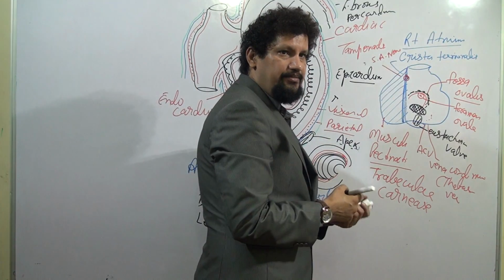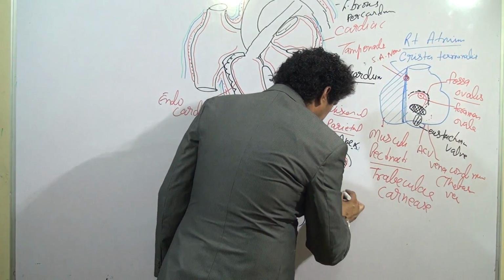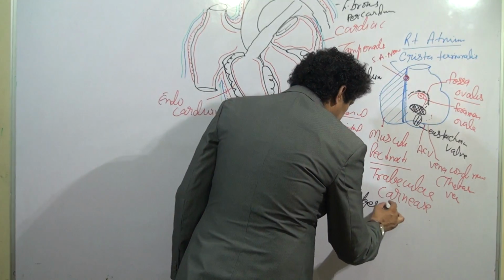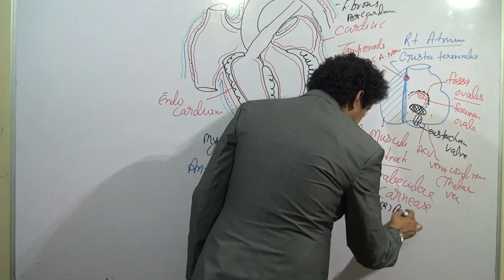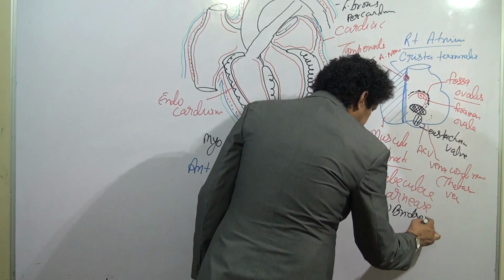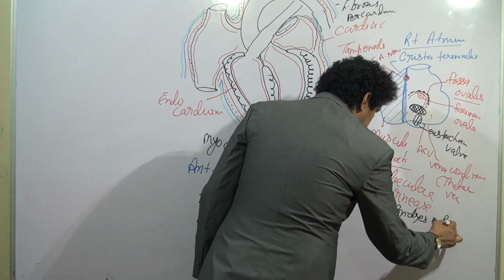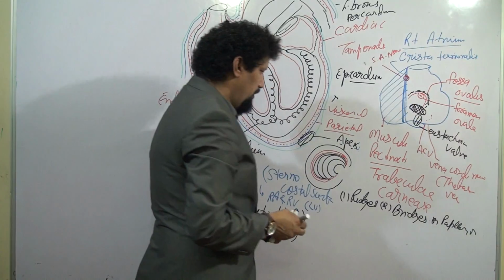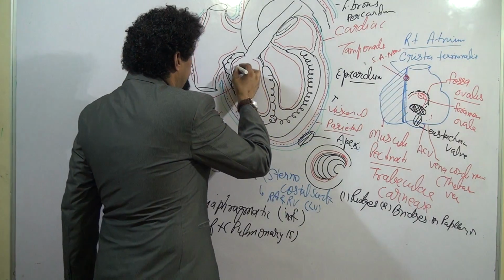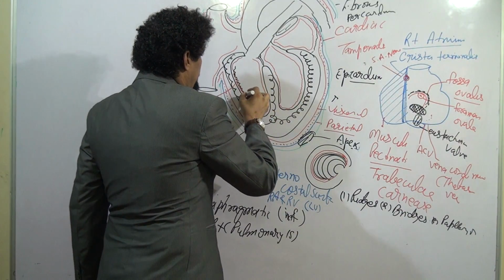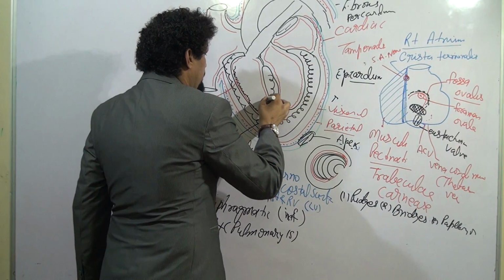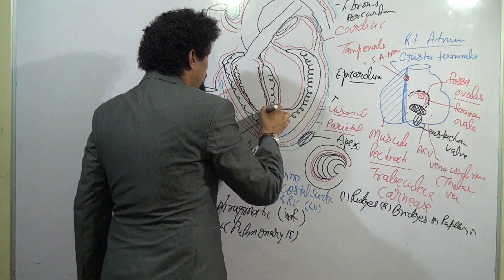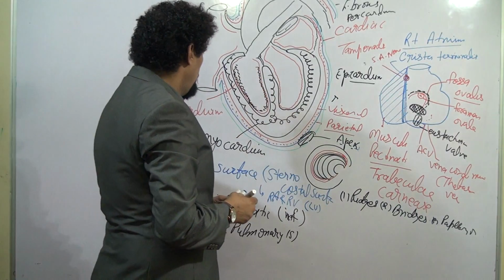So it has three types of fibers: ridges, bridges, and the papillary muscles. The ridges are the transverse ridges and some vertical ridges covering the internal surface of the ventricle.